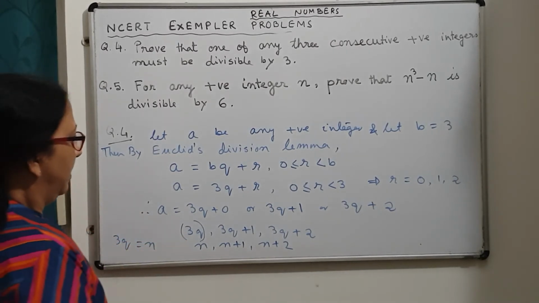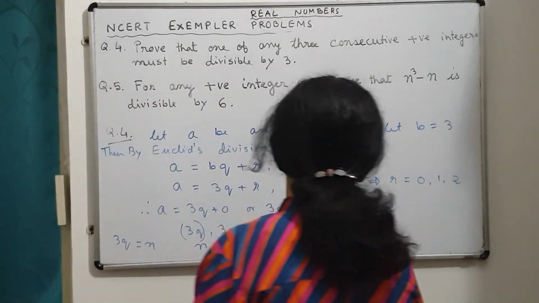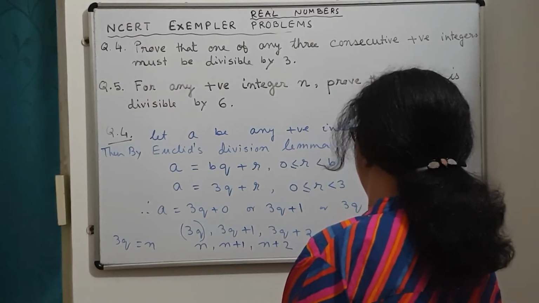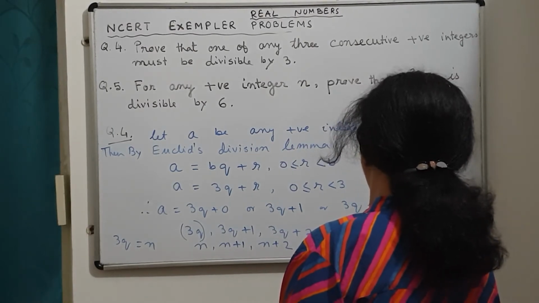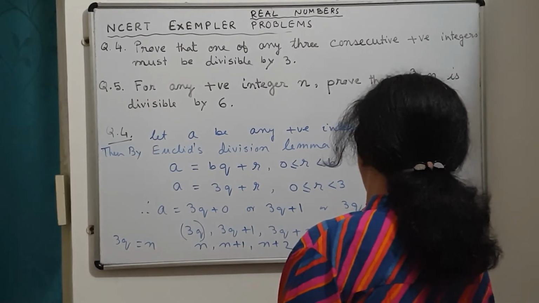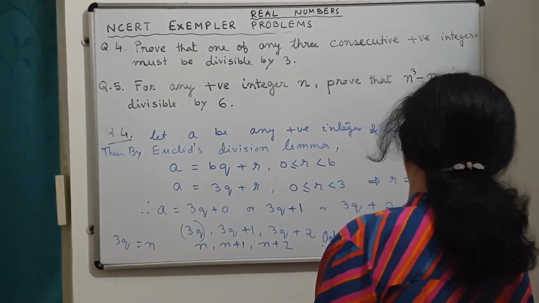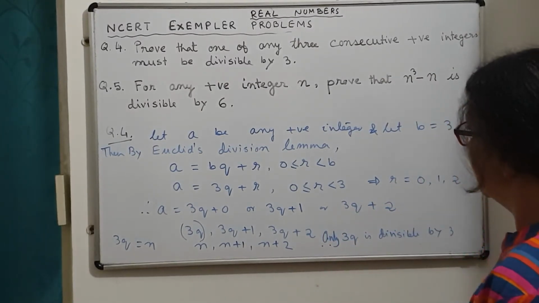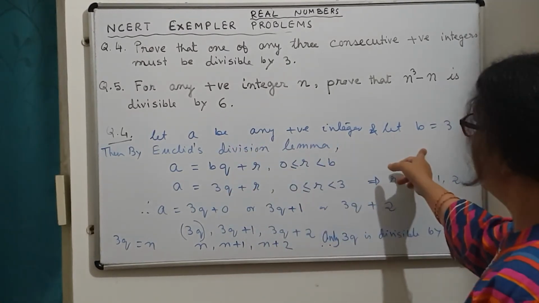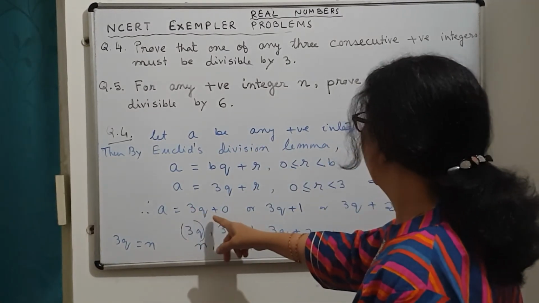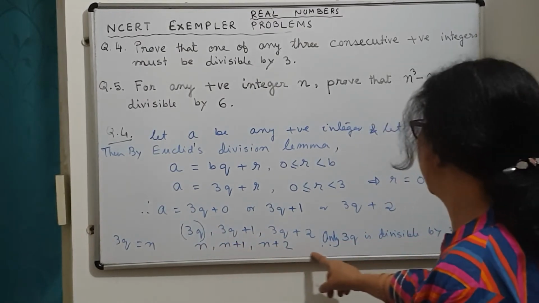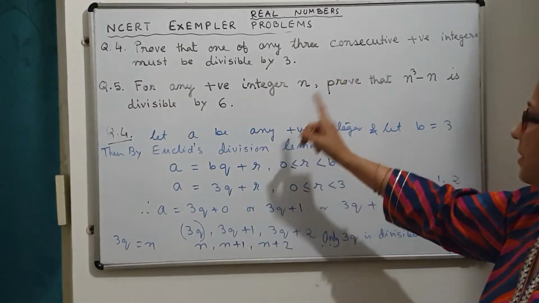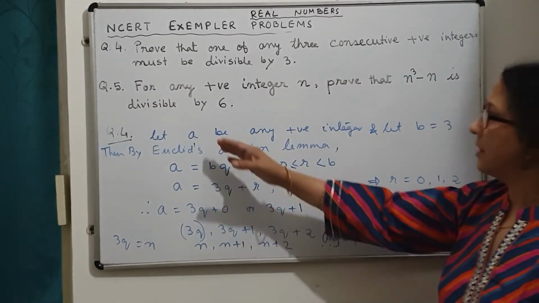Therefore only 3q is divisible by 3. So for any positive integer a, these three consecutive numbers can be expressed, out of which only one will be a multiple of 3. Hence proved. Okay. Now next question.